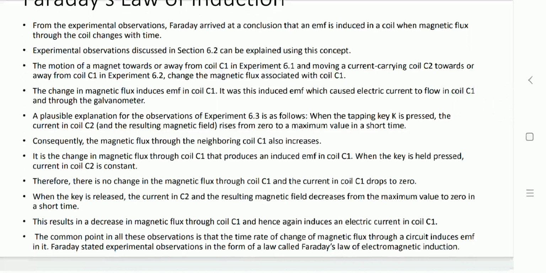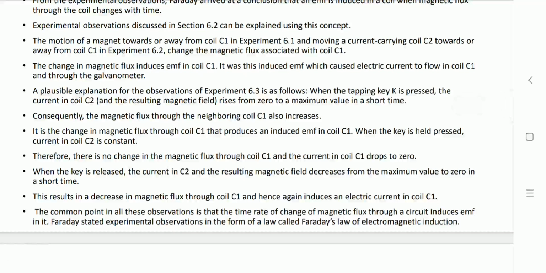Same in experiment 3, in which the key and rod give the variation of the magnetic flux, the effect of it is generated over C1 and current is produced.